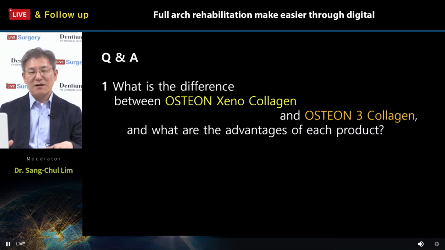For me, actually, I have a double layer technique. Inside, on the exposed implant or inside the area, I put Osteon collagen instead of particulated bone, and the outer side is covered with Osteon 3 collagen. It is my recipe for maintaining volume and bone formation.